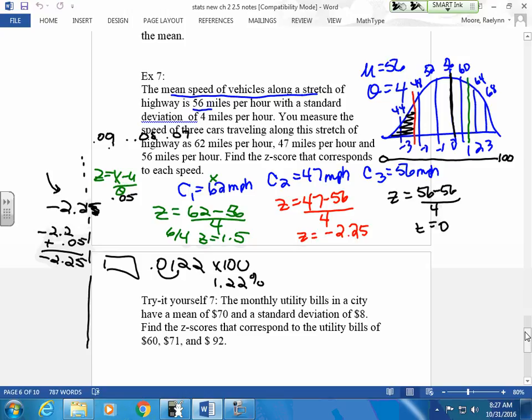Let's look up your z-score of 0. We're going to spend more time with this, but I want you to look up the z-score of 0. When you look up the z-score of 0, what area under the curve does it cover? Either side of the table.